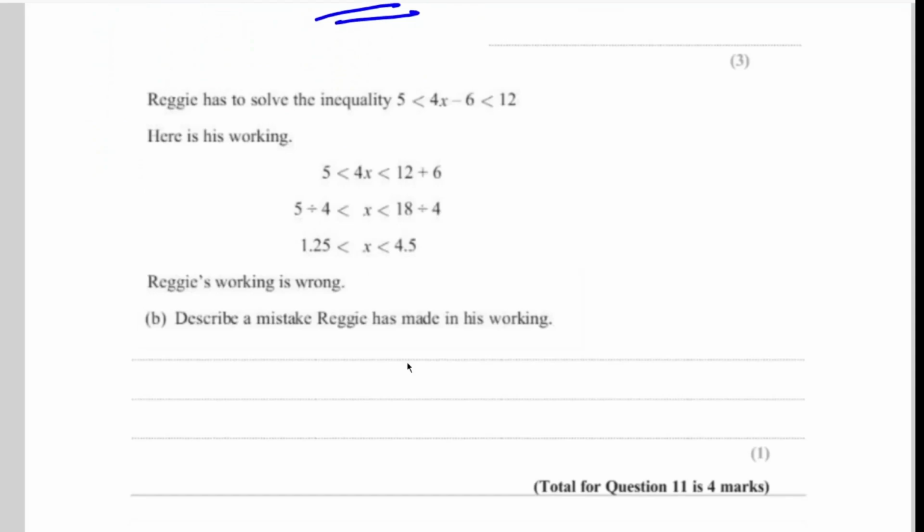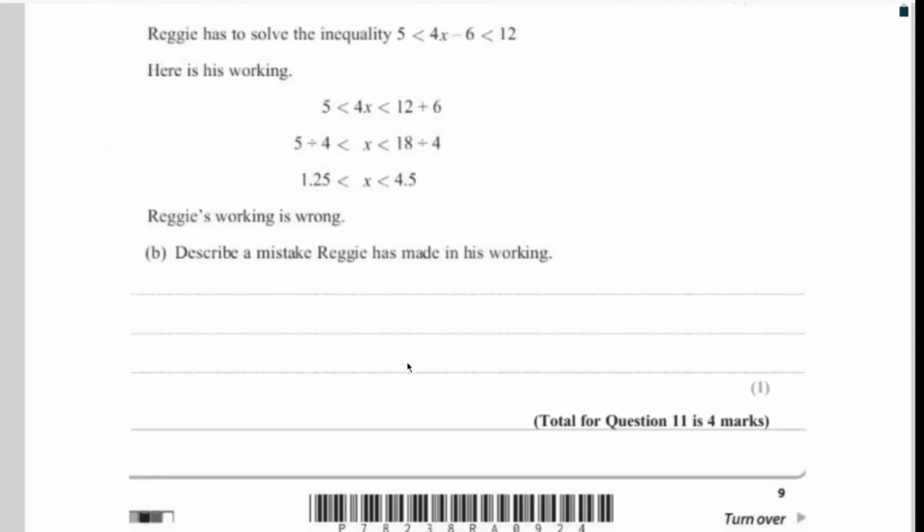Part B. Reggie has to solve the inequality 5 is smaller than 4x minus 6, which is smaller than 12. Here is his working: 5 smaller than 4x. There are 3 steps, and Reggie's working is wrong.